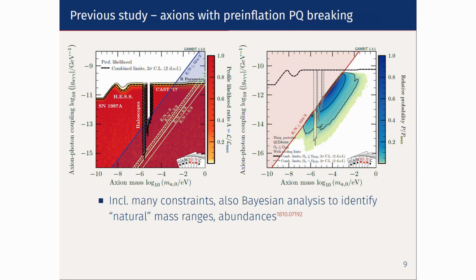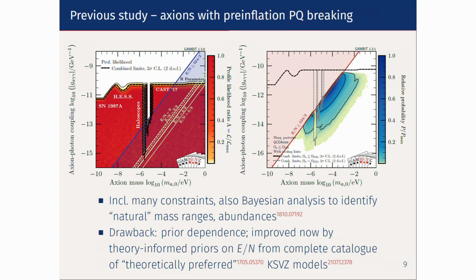Now, as a side remark, one of the criticisms that you usually encounter is that these Bayesian analyses have a prior dependence, and this also afflicts, for example, the E/N ratio that ties the axion mass to the coupling.